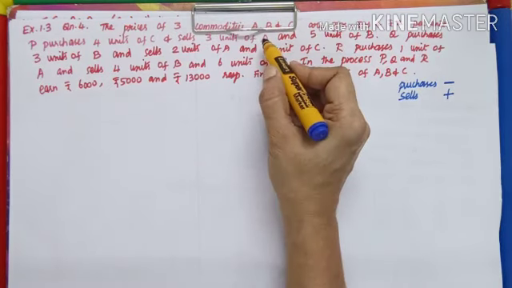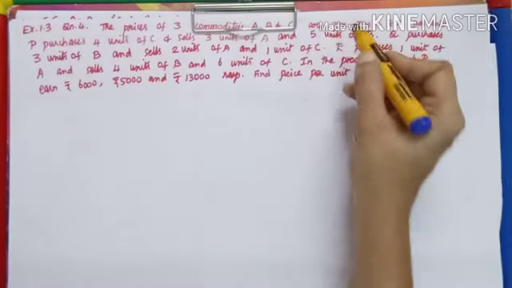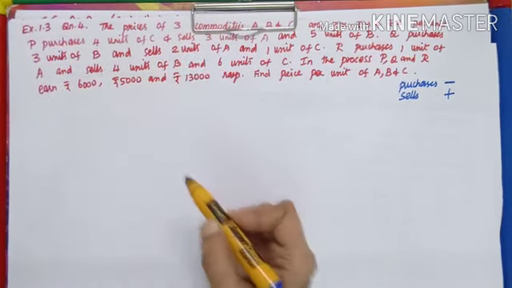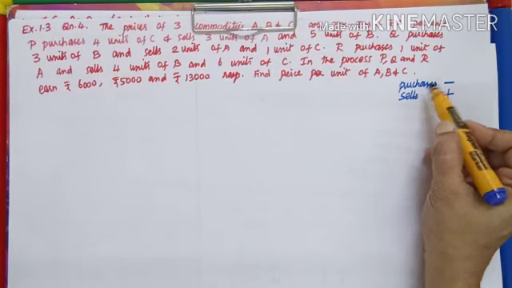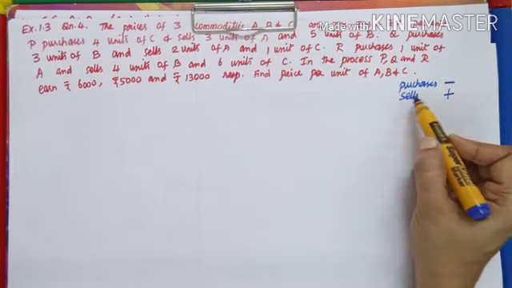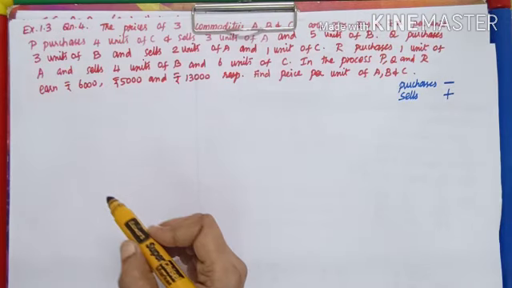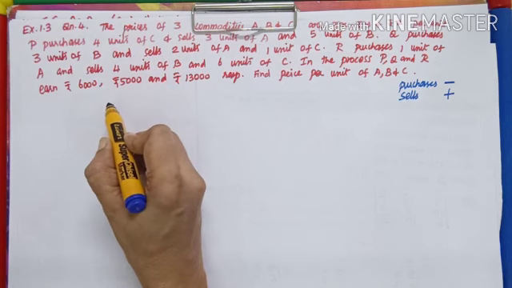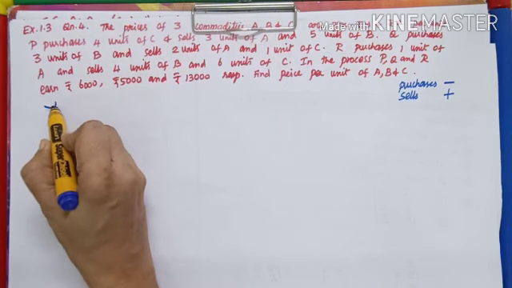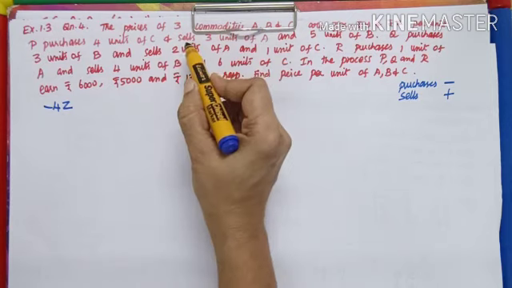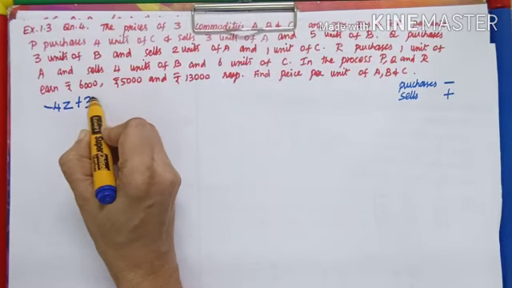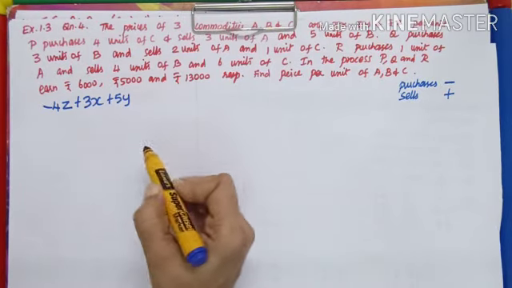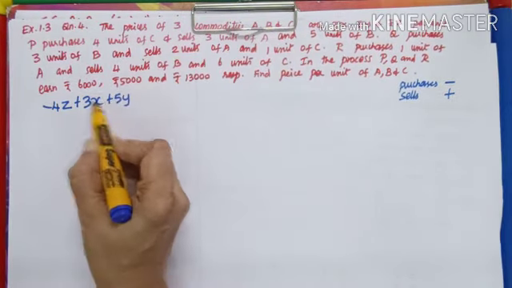Now wherever A comes, I will put X per unit. Wherever B comes, it is Y, and wherever C comes, I have to put Z. Wherever purchasing, it is negative. Wherever selling, it is positive. So as we read the problem, P purchases 4 units of C. So purchases tells me minus 4Z. 3 units of A. So 3 of X. 5 units of B. So 5 of Y. So selling I put positive.